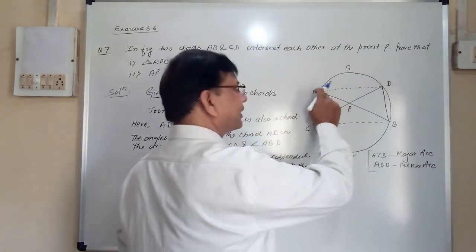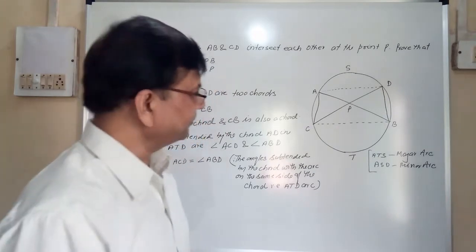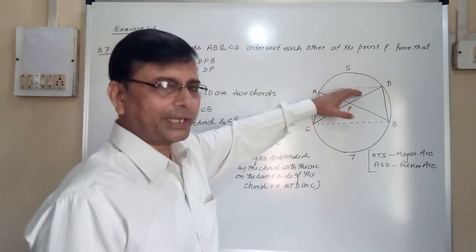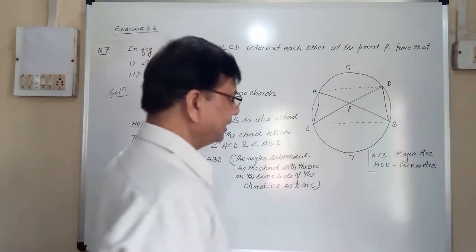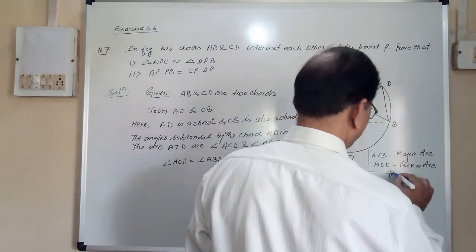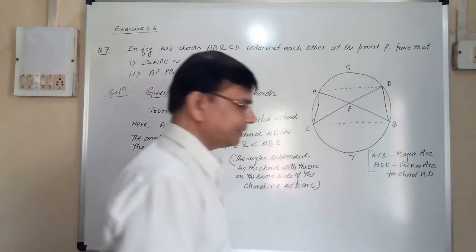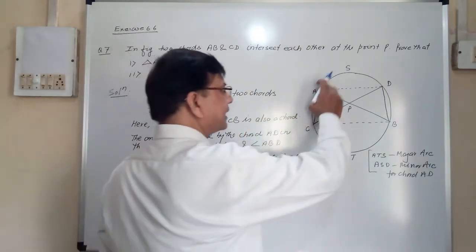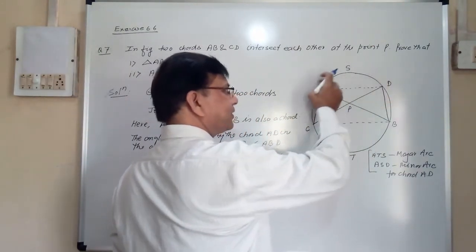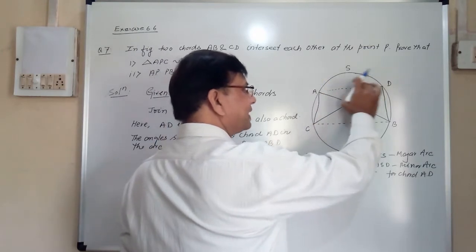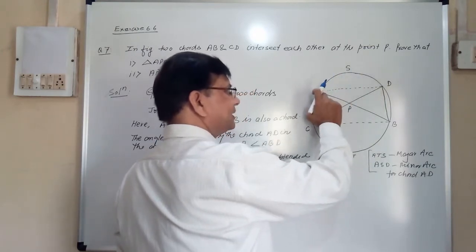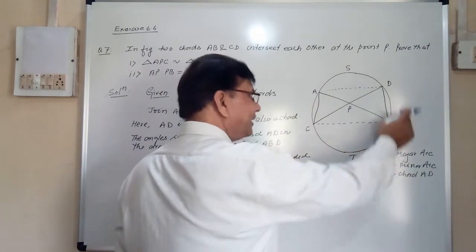For what? For the AD chord, because this is the chord we are talking about. This is also important. This arc is the minor arc because it is small, because this chord is dividing this circle in two parts, ASD and ATD.